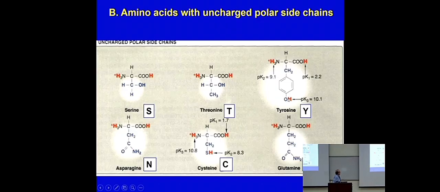Oxygen, oxygen, oxygen, oxygen, nitrogen, oxygen. And there's a unique one here that has a sulfur. But as a general rule, the presence of oxygen or nitrogen will tell you that side chain is polar. Okay, so that's an important thing to appreciate.